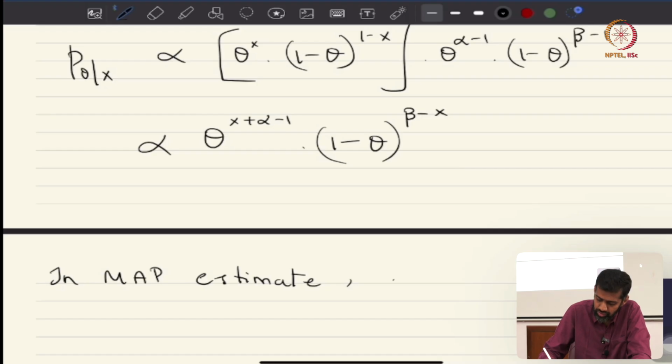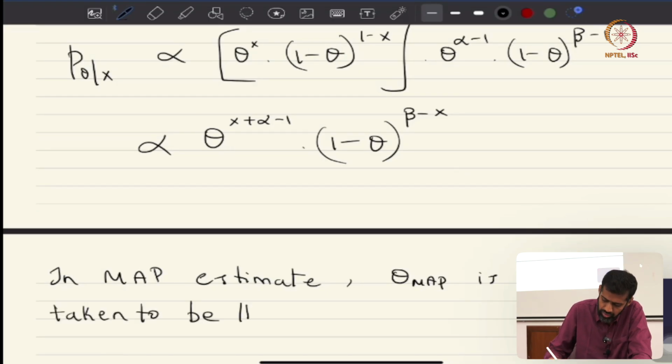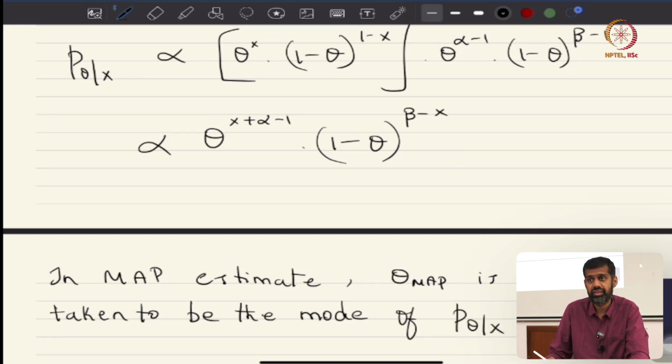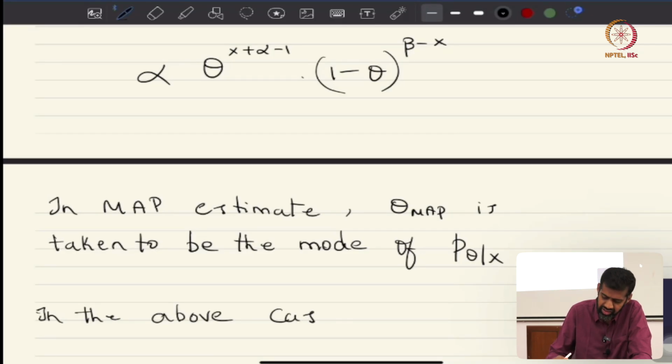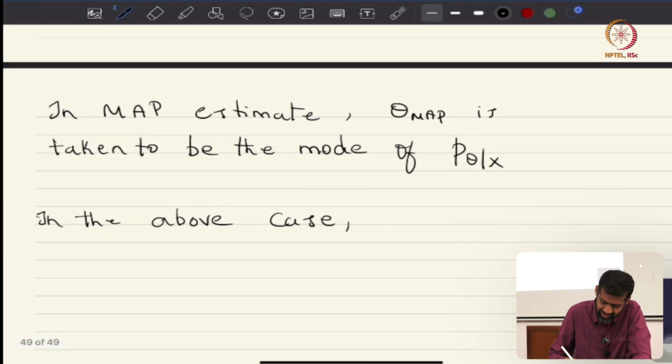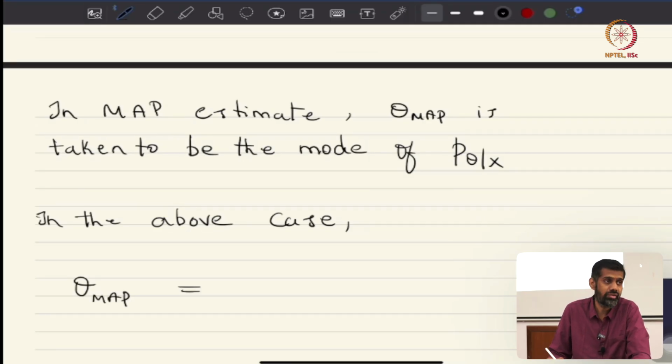theta MAP is taken to be the mode of the posterior, theta given x. So in the above case, what is the mode of a beta distribution?